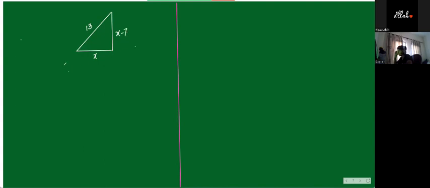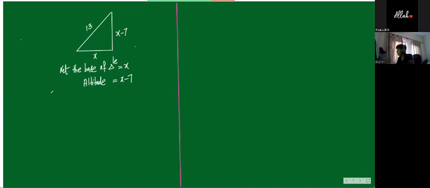Let the base of the triangle be x. The altitude, according to the question, is 7 less than the base, so x minus 7.